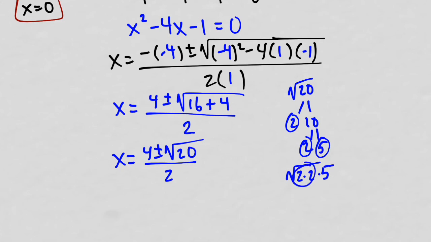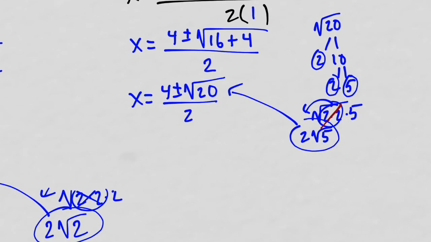We're going to put the two 2's together, bring one out, the other one dies. The 5 stays by itself inside. So 2 radical 5. So I'm going to replace the radical 20 with that 2 radical 5. So this is what I have. X equals 4 plus or minus 2 radical 5 all over 2.